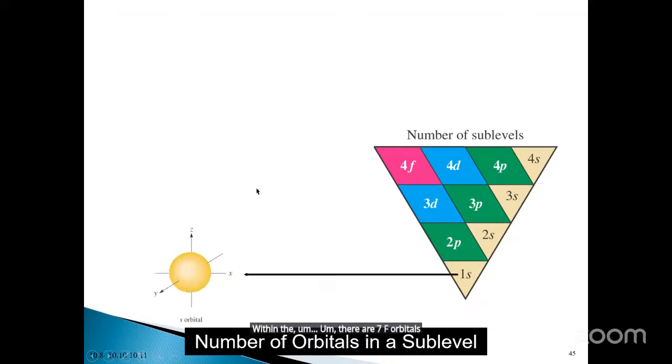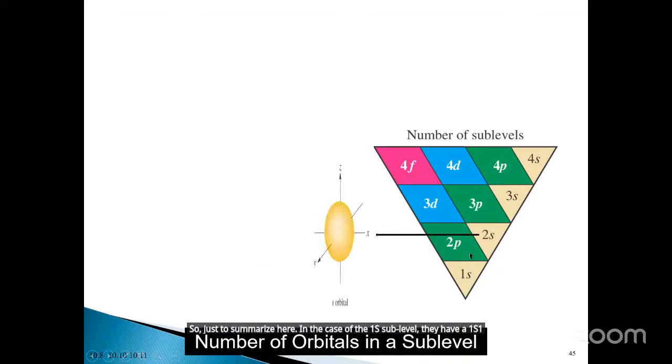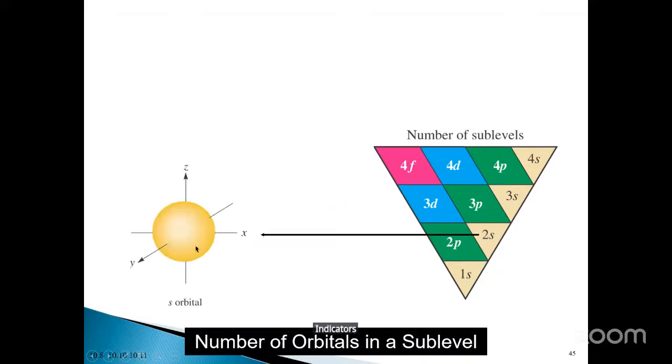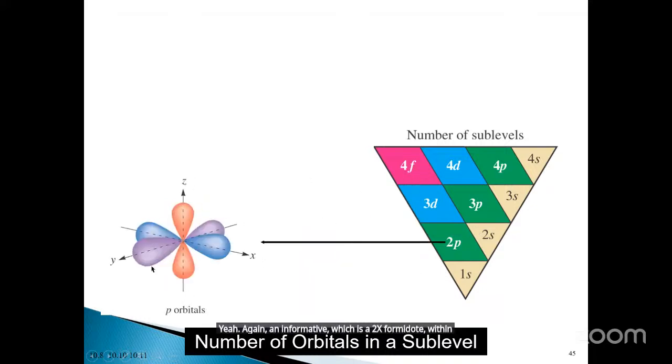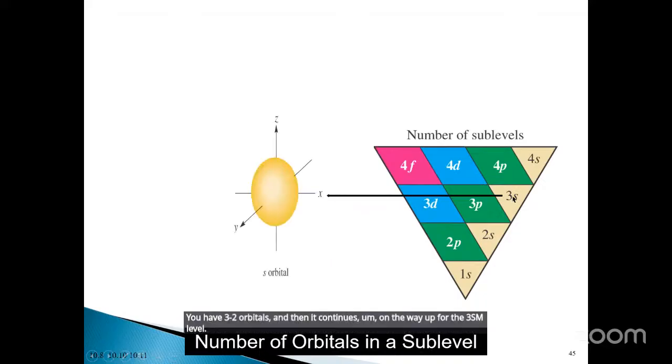All right. So just to summarize here, in the case of the 1s sublevel, you have a 1s orbital. In the case of the 2s sublevel, you have again an s orbital, which is a 2s orbital. Within the 2p sublevel, you have 3 2p orbitals, and then it continues on the way up. For the 3s sublevel, there's only 1 of them.